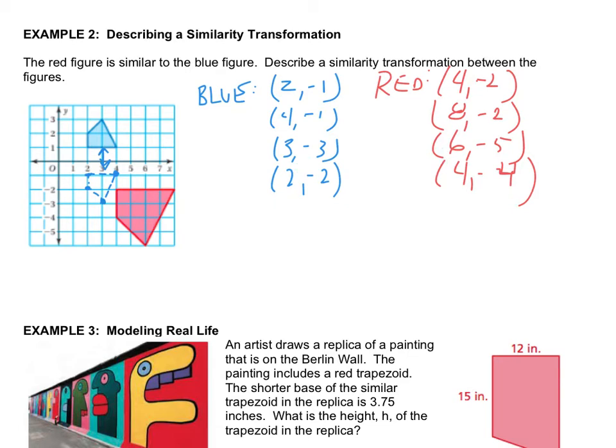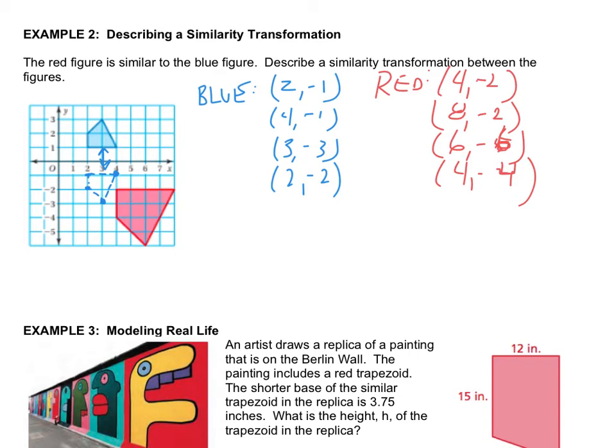This is obviously not negative 5. Now that I look at it, I'm hoping that you caught that, it's actually sitting at negative 6. It is times 2. When I go down to the last one, 2 times 2 is 4. Negative 2 times 2 is negative 4. So we definitely have a scale factor going from the blue one to the red one of 2.